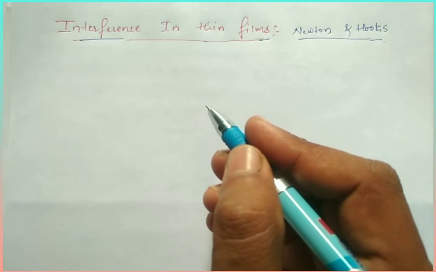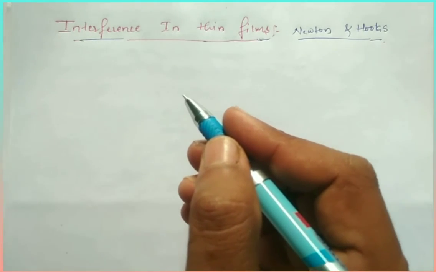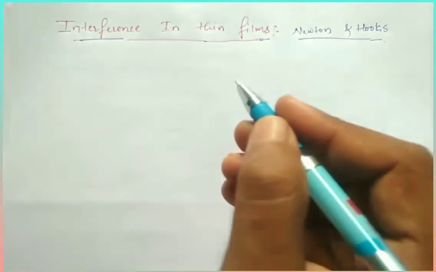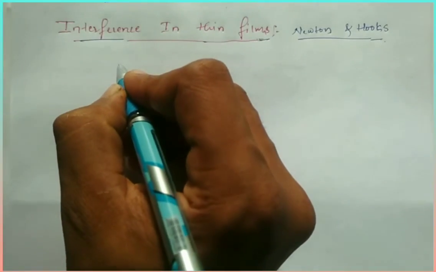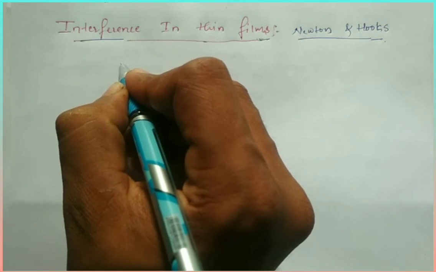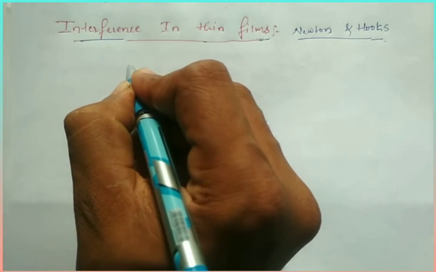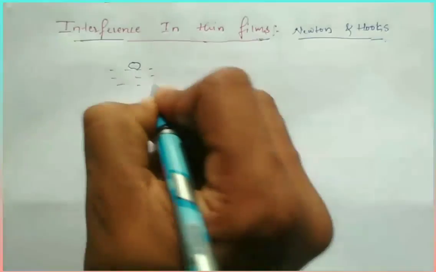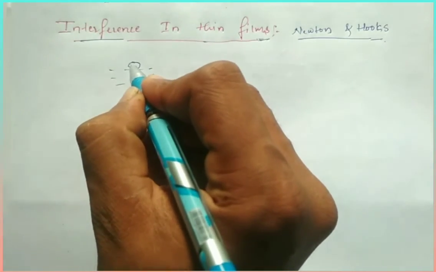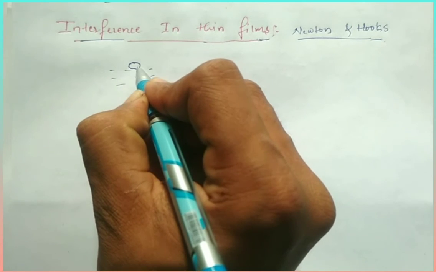Generally, beautiful colors are produced by thin films. You know that if you take a drop of oil on the surface of water, you observe the interference pattern on the oil.